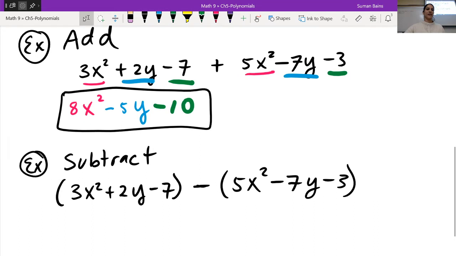I'm going to give you a minute. Try that on your own, and then I will run through the solution with you. This time there's a minus sign in between, and last time we had a plus sign in between. So we want to think of the impact that minus sign has.